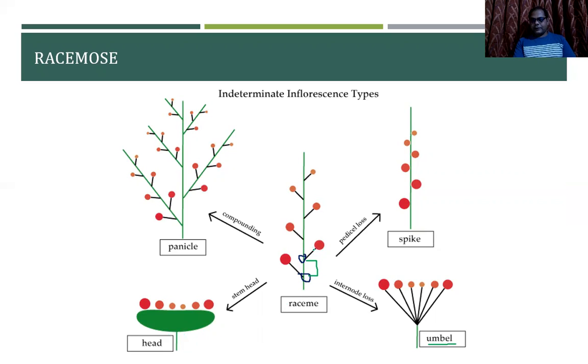And if on the pedicel itself there is another formation of pedicels, compounding takes place in the raceme, and it forms the panicle kind of inflorescence. Apart from these four different kinds of inflorescence in the racemose, we have other forms. We'll be discussing all of them one by one.